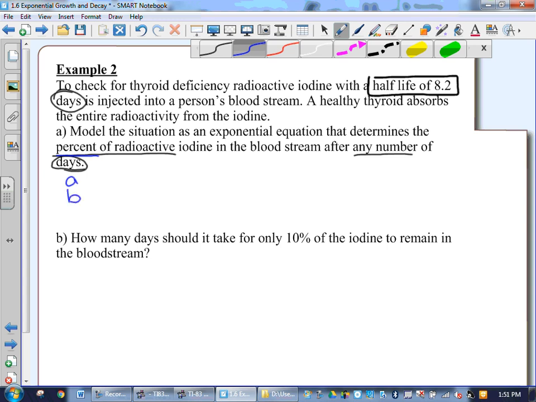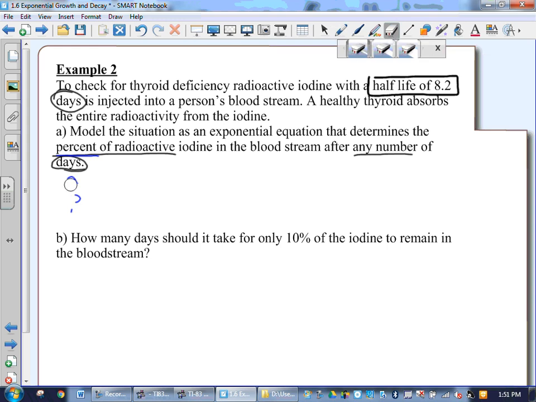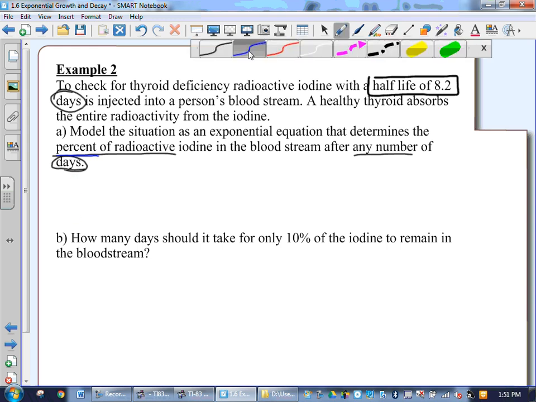I'll go in a different order. Start with the Y. What am I given? I'm given a half-life. Our half-life is our rate of change. And how long does it take for it to be cut in half? Well, it should be 8.2 days. Okay, so I can pull that from the equation right away.